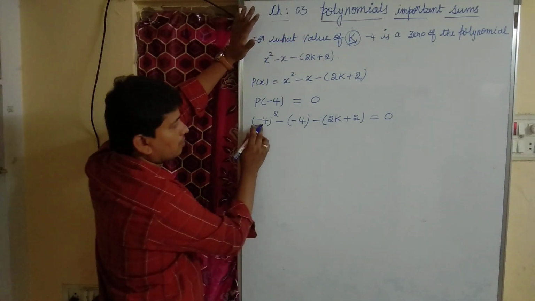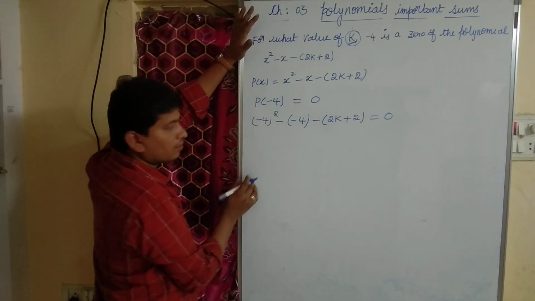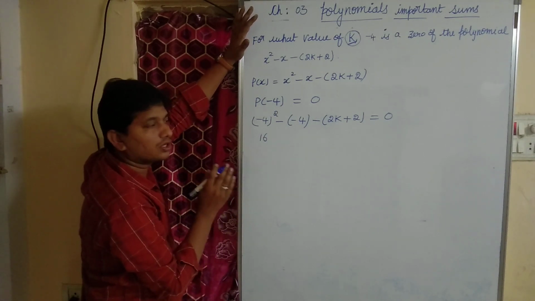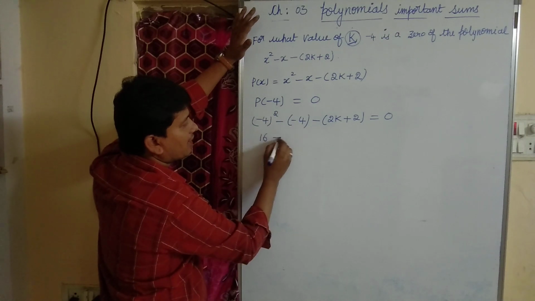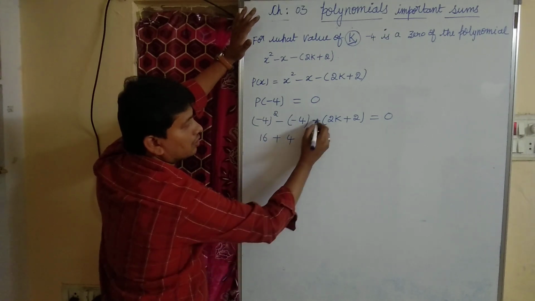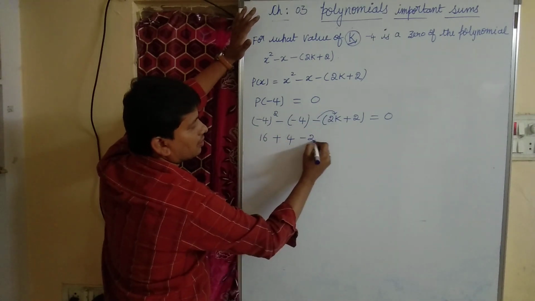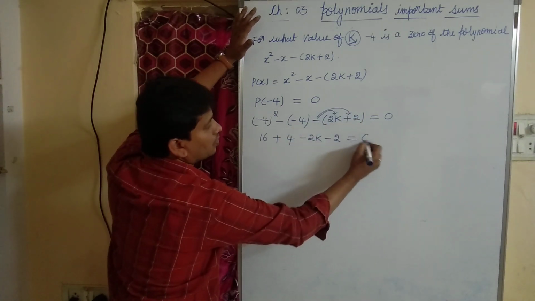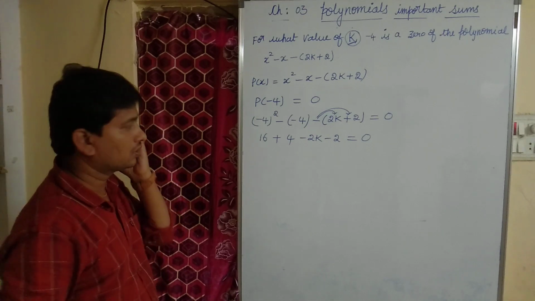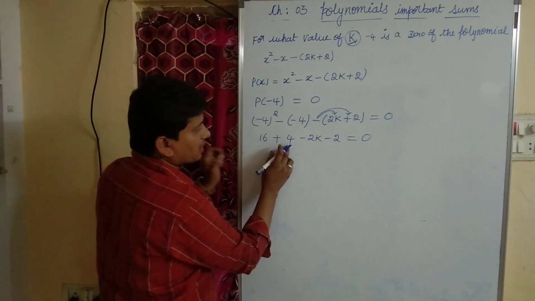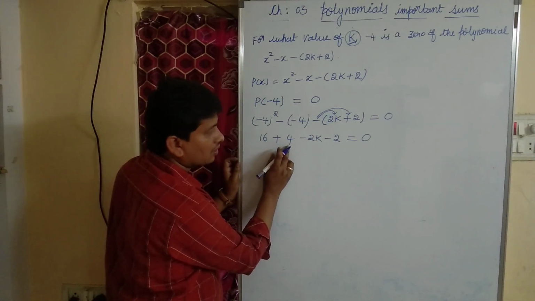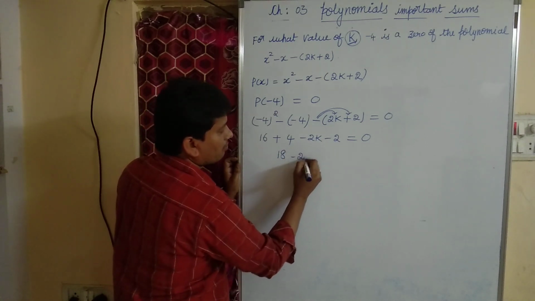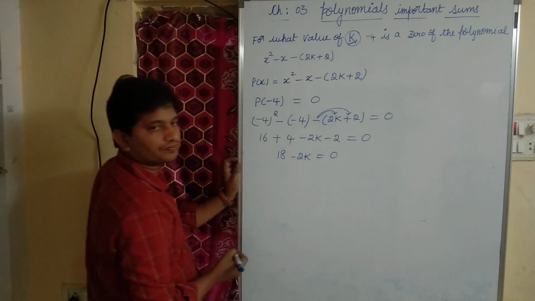Right? So minus 4 whole square is nothing but minus 4 into minus 4, that is equal to plus 16. Minus into minus plus 4, minus into 2k minus 2k, minus into plus minus 2 equal to 0. Right? So 16 plus 4 is 20, 20 minus 2, that is 18. 18 minus 2k equal to 0.